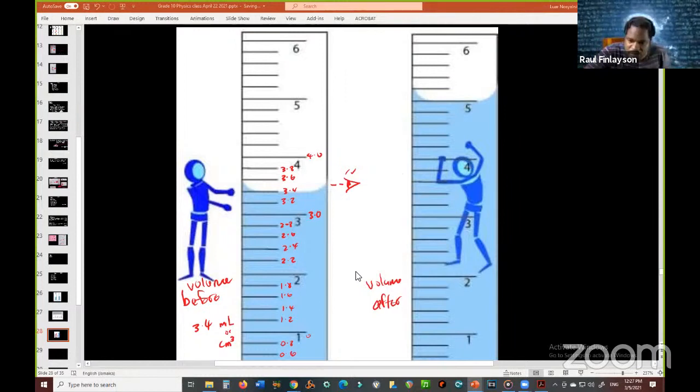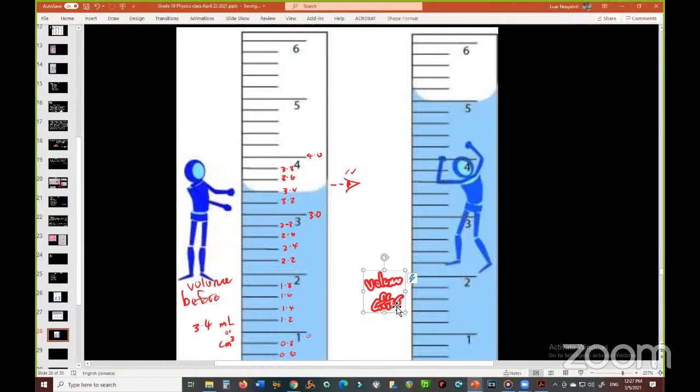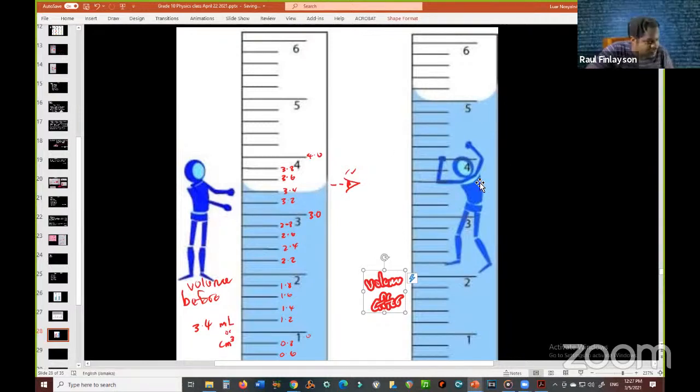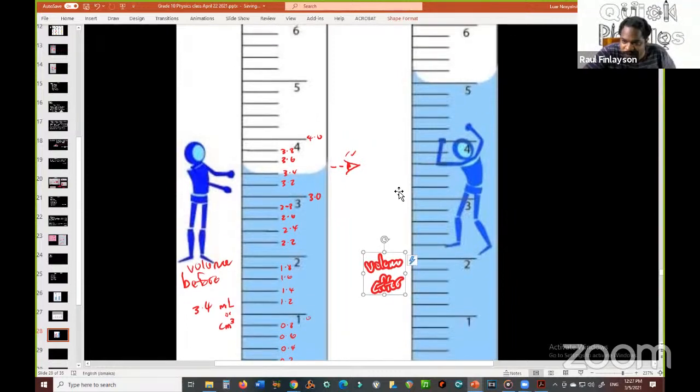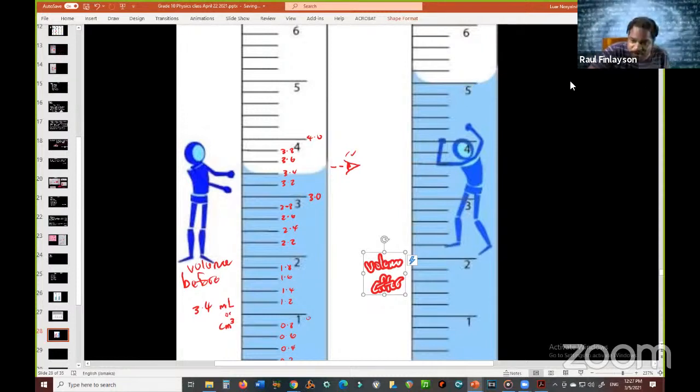What would the volume be afterwards? Sir, 5.0. Oh, okay. Ronaldo has made a grand entrance, man. 5.0. All right. Anybody else? Everybody agree with 5.0 for the volume after?